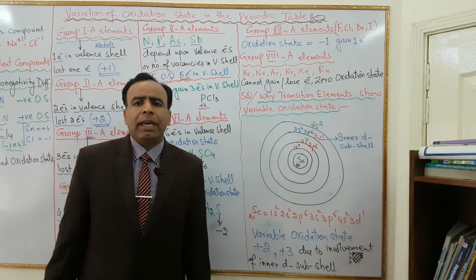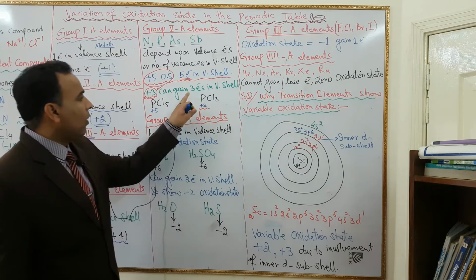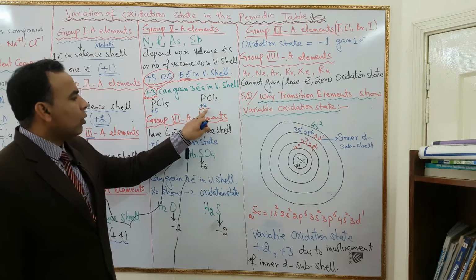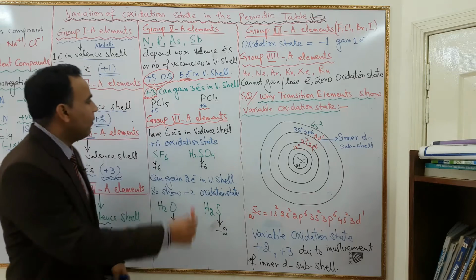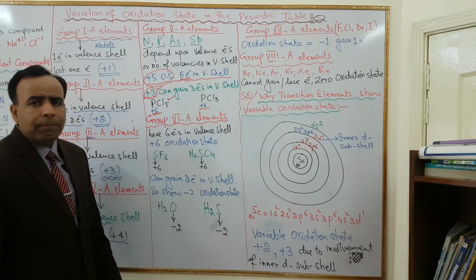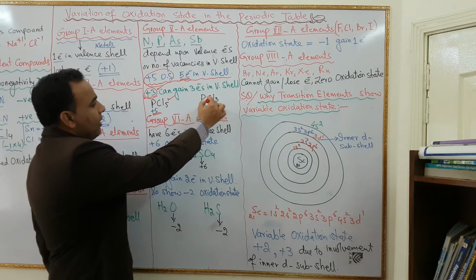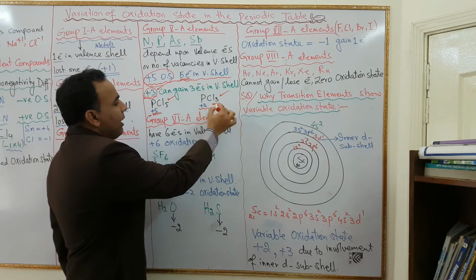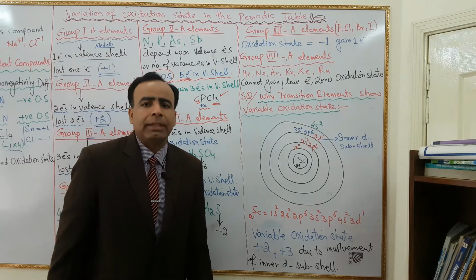My dear students, as you know that group 5A elements can gain 3 electrons in their valence shell, so their oxidation state will be +3. In the case of phosphorus pentachloride, the oxidation state of phosphorus is +5, and in the case of phosphorus trichloride, the oxidation state of phosphorus will be +3.